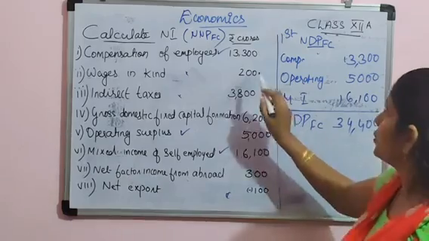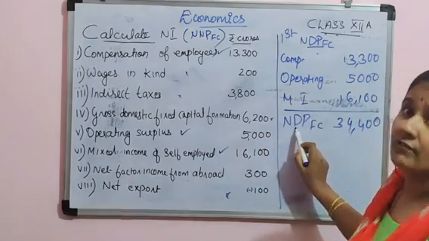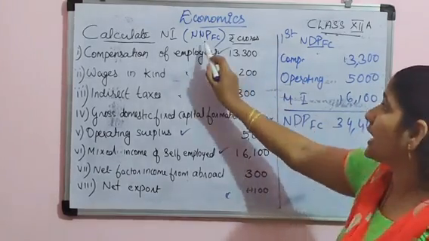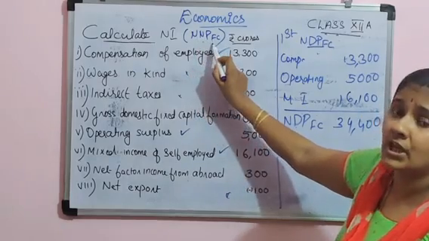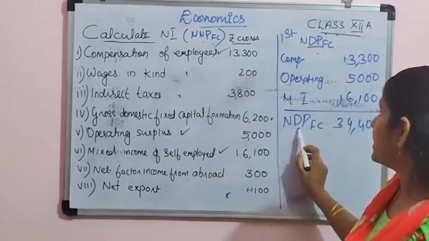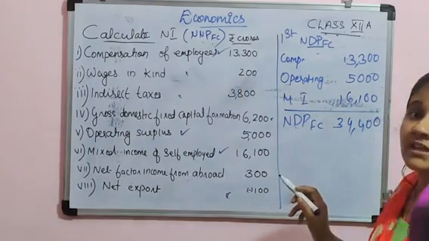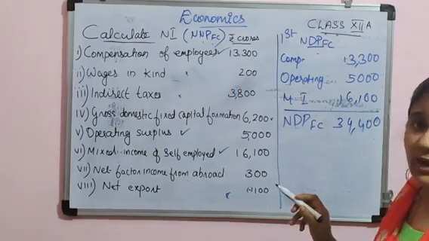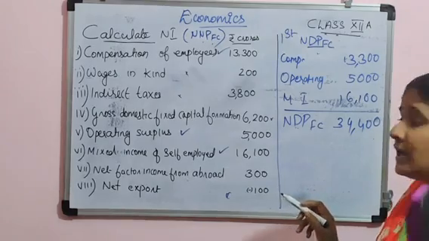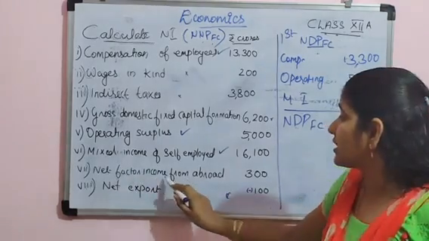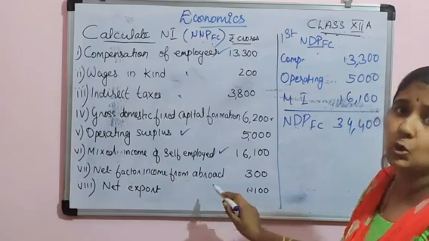Now what we wanted to do? NDPFC we wanted to convert to NNPFC. For converting NDPFC to NNPFC, as I told you just now, we wanted to add the NFIA, net factor income from abroad, that is given to us also.